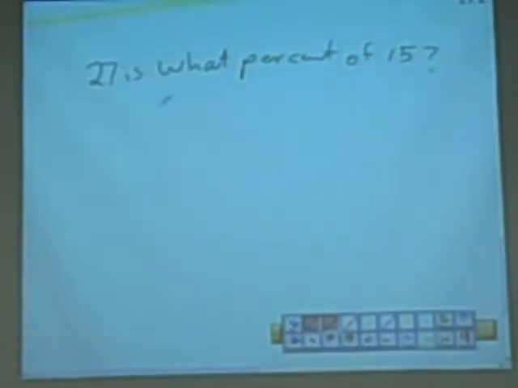Okay, so this is going to be what percent. We'll put this as P over 100. 27, that's our amount. 15, that's our base.